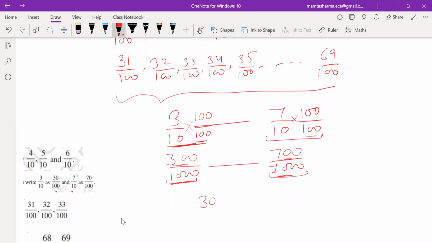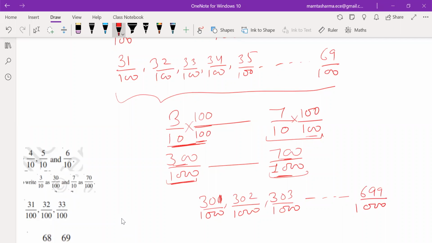Start from 300. The next number would be 301 by 1000, then 302 by 1000, then 303 by 1000, and we can write up to 699 by 1000.